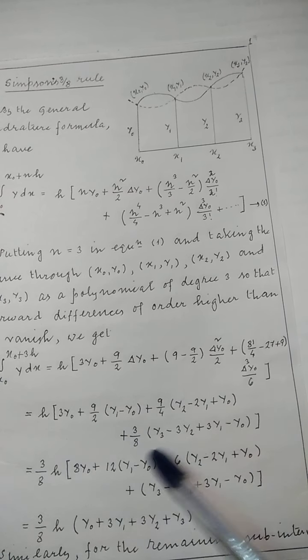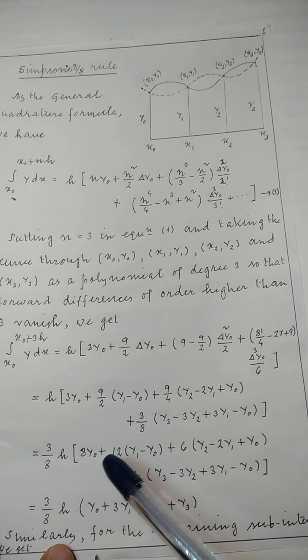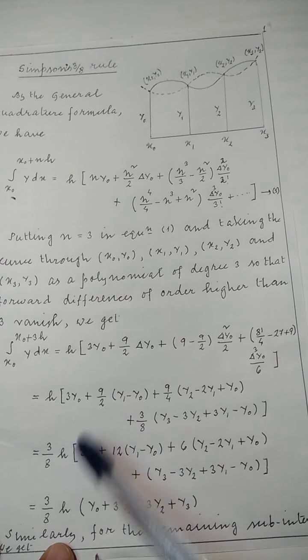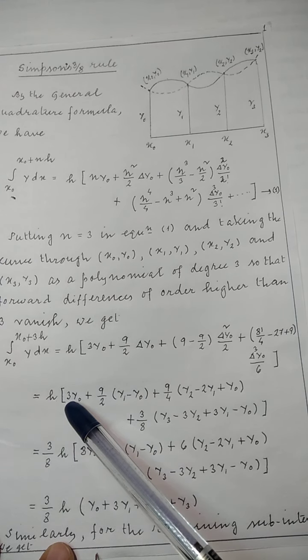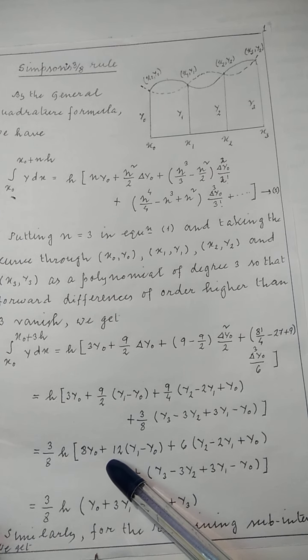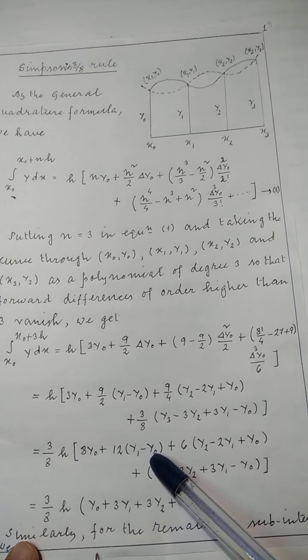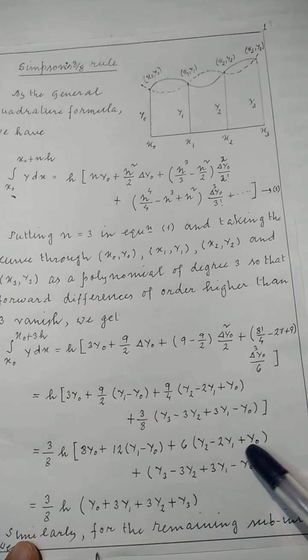Just to simplify this expression, in the next step I have taken 3 by 8 common. h is already outside, so if you take 3 by 8 common, here you'll get 8 y0, plus 12 times y1 minus y0, plus 6 times y2 minus 2 y1 plus y0.